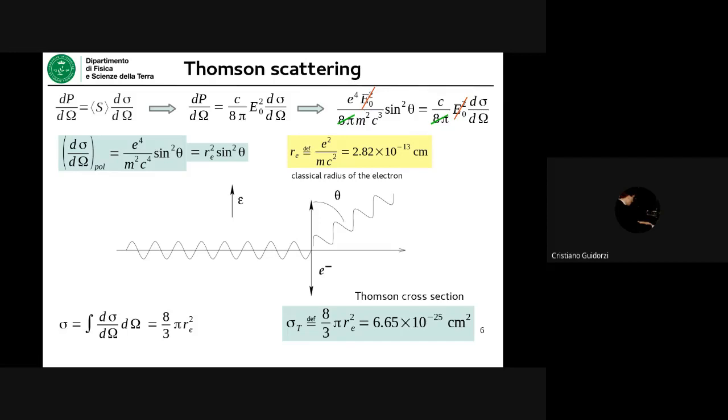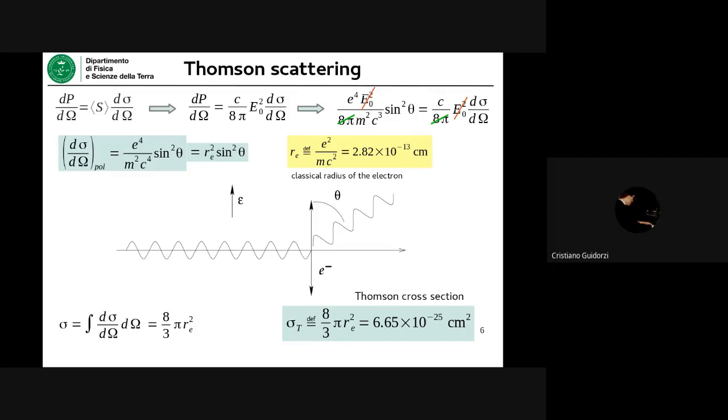So a photon will see an electron as big as the Thomson cross-section. I have to say, provided that the energy of the photon is not too large. If you consider photons whose energy is comparable with the rest mass energy of the electron, things will change. So the assumption here is that the photon's energy is negligible with respect to the rest mass energy of the electron.